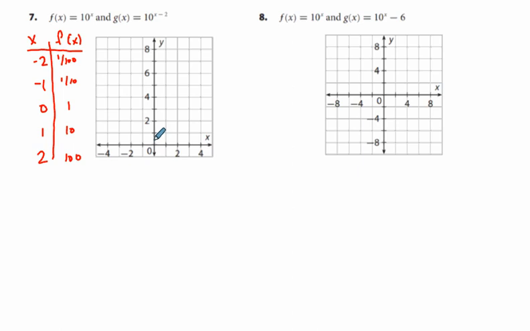0, 1, negative 1, 10, negative 2, 100, 1, 10.